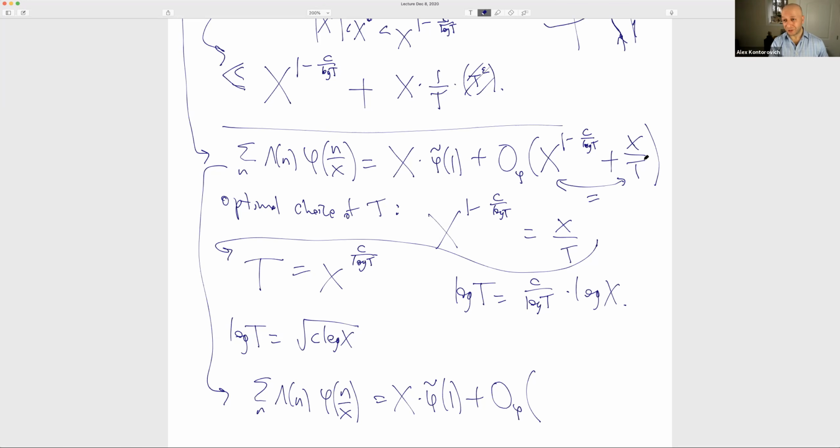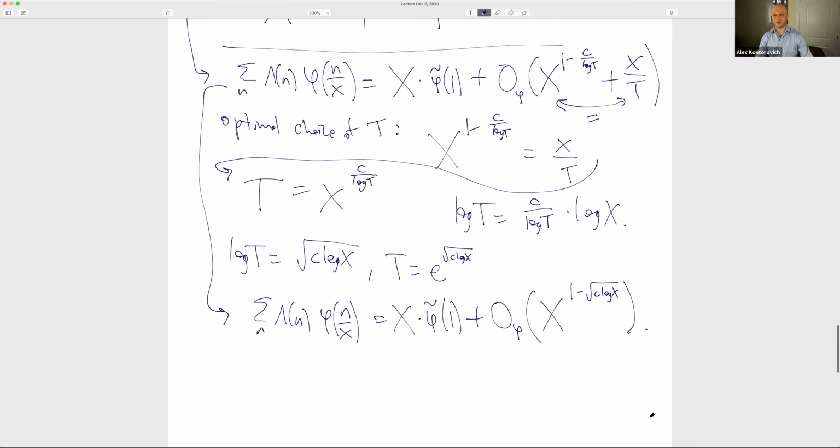These two will be the same, so I only have to evaluate one of them: x over t, where t is e to the square root of some constant times log x. So this is x to the 1 minus square root of constant log x.